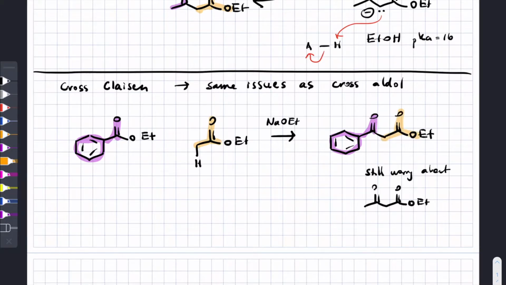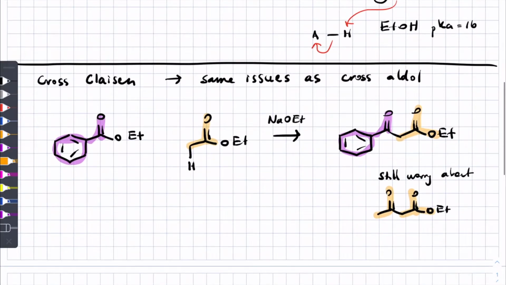Though in reality, if you ever get in the lab and do this, you may discover that it's more complicated than that, because it may be difficult to control whether the enolate we form here will react with another molecule of our ester in orange versus the purple one. So for this class, we don't need to worry about the self product. You could show this as the only product.